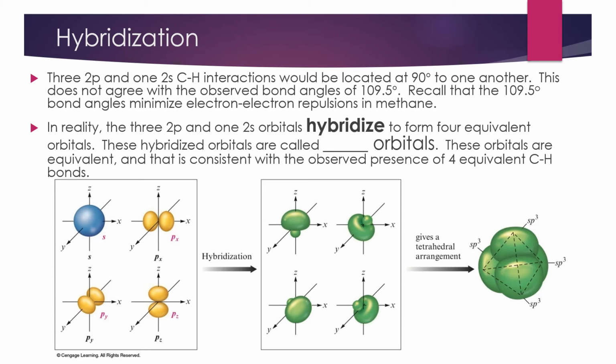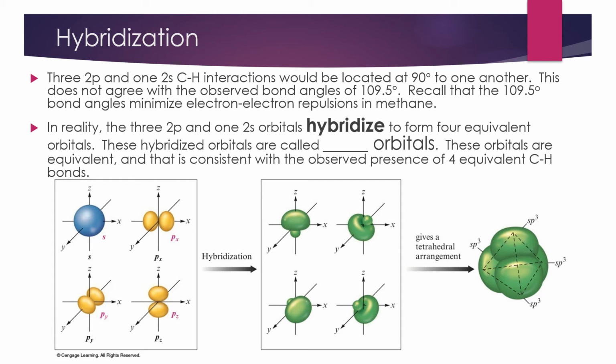And when they hybridize, these four shapes are going to hybridize into what are called sp3 orbitals. You notice there's four of them. There are four sp3 orbitals.